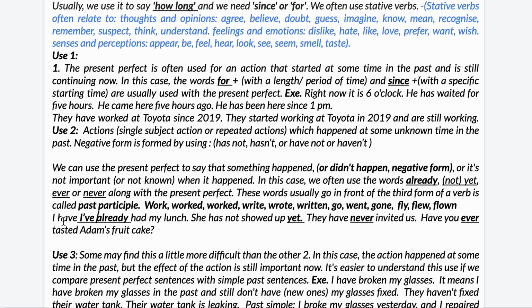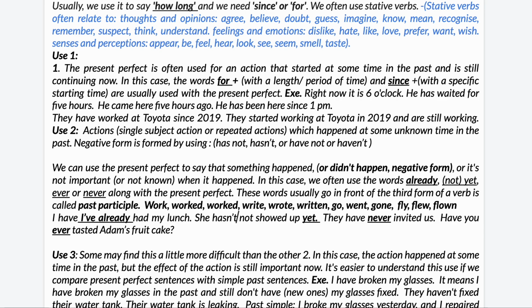I have is the complete form. I've already had my lunch. She has not showed up yet. Or you can just say she hasn't showed up yet.